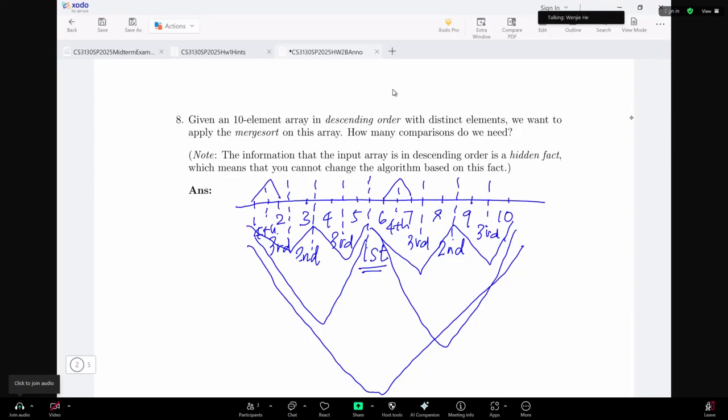Let me explain: same split, but when we run worst case and best case, the result is different. Let me run it. Let me do the best case here and the worst case here.